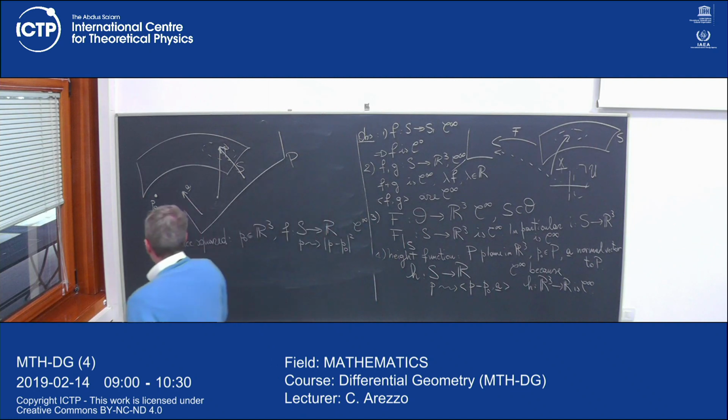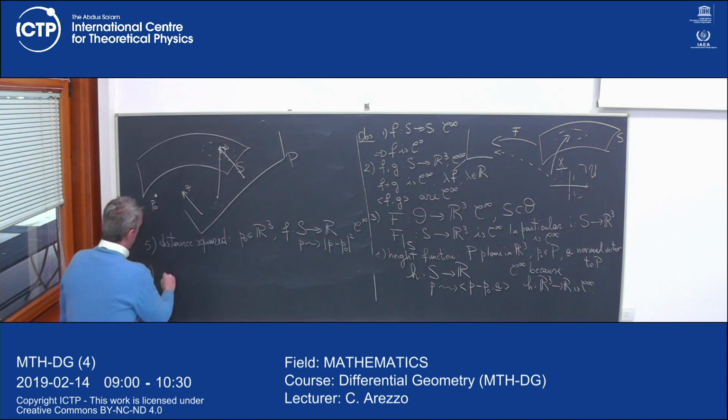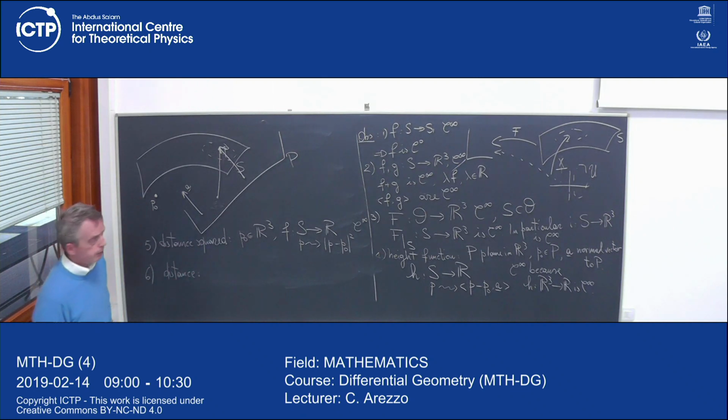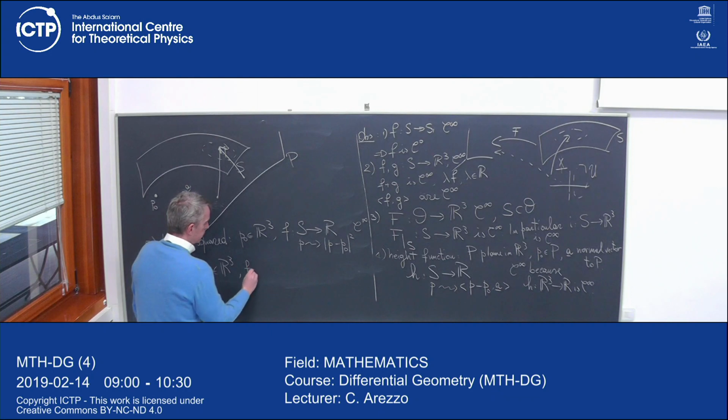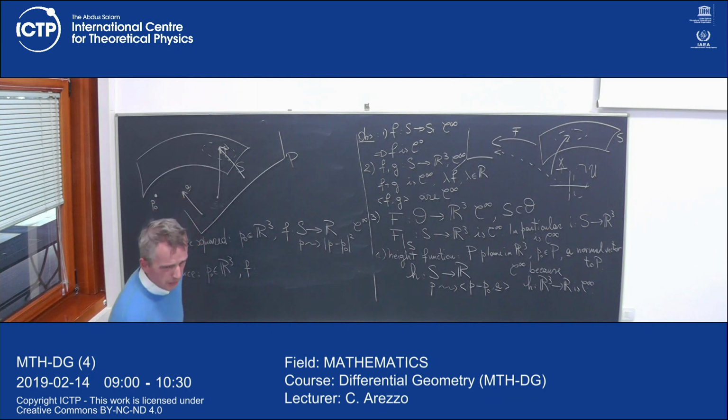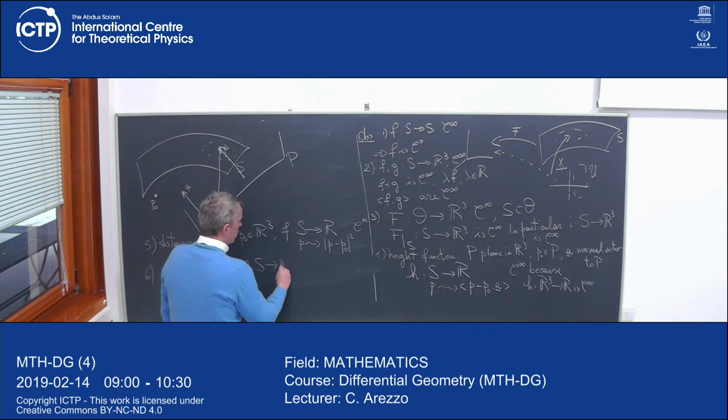And now, just to complicate life, but it's clearly an important geometric function, the distance. Same thing. But we need that P naught is not on the surface to make it smooth. Now we get a condition.